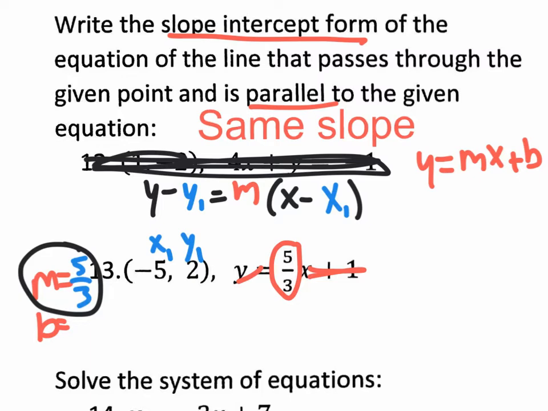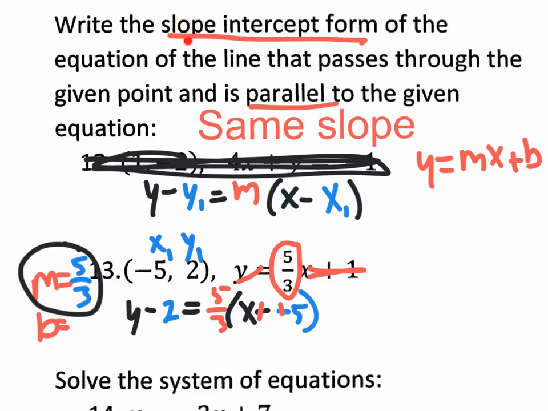So if I plug in my values, I'll have y minus 2 equals 5/3 times x minus -5. And what happens with the minus minus? Plus. So there's my point slope form, but they're not asking for point slope.